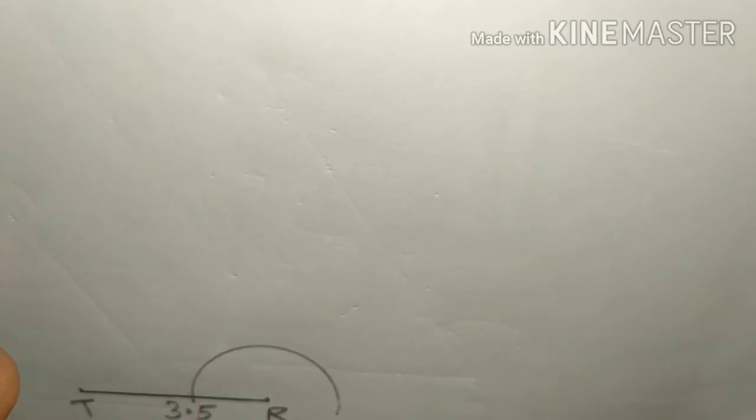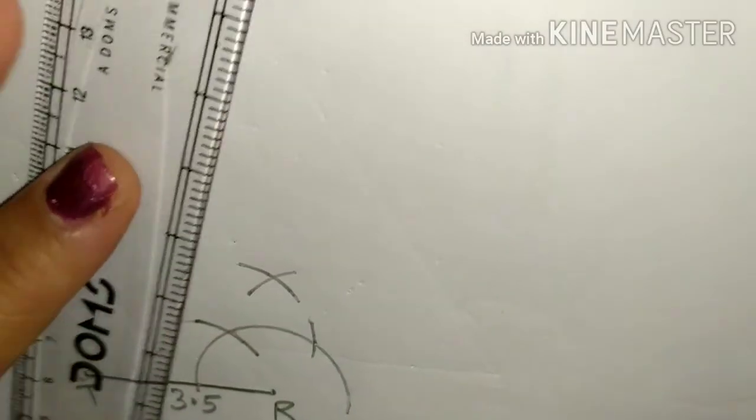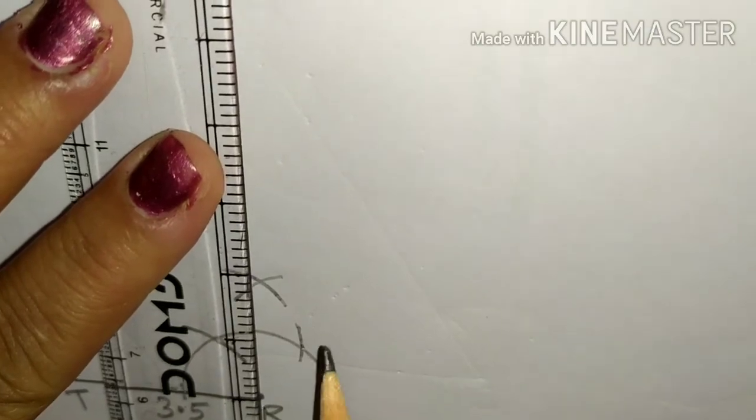Draw the semicircle first. Take the measurement of 60 degree and 120 degree angles, one arc. Without changing the measurement, take the arc 1. This is second arc. And from these two arcs, draw one arc on the upper side and let these two arcs cut each other. They will intersect each other. This will be the line of 90 degree now. We will get the 90 degree angle line.